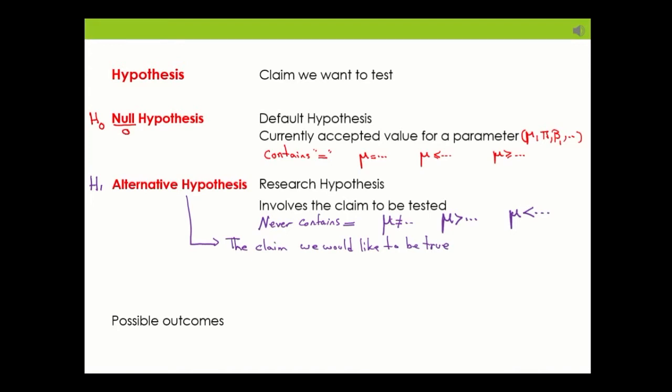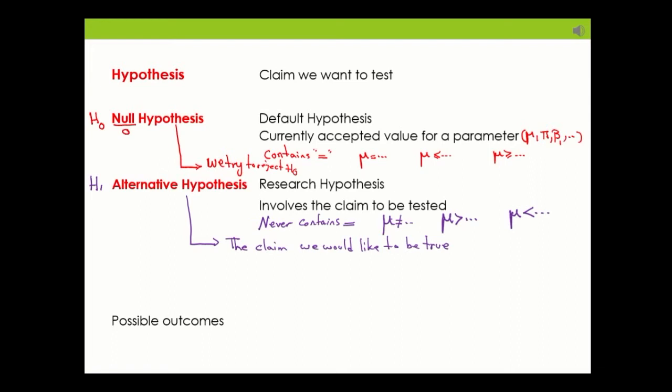And in order to prove this one, we try to provide evidence based on the sample to reject the null hypothesis. We try to reject H0. So in order to prove H1, we try to reject H0 by the evidence based on the sample.